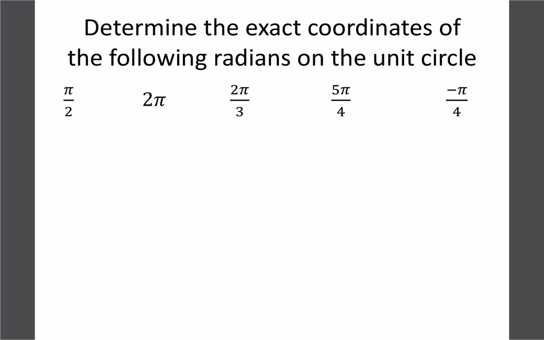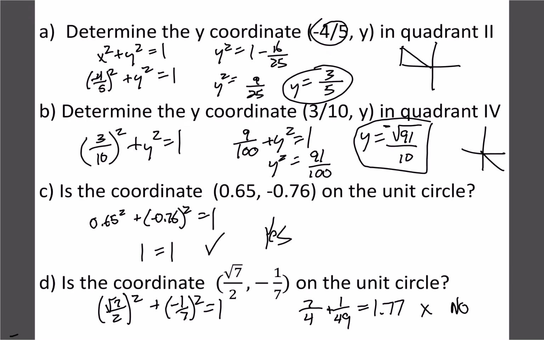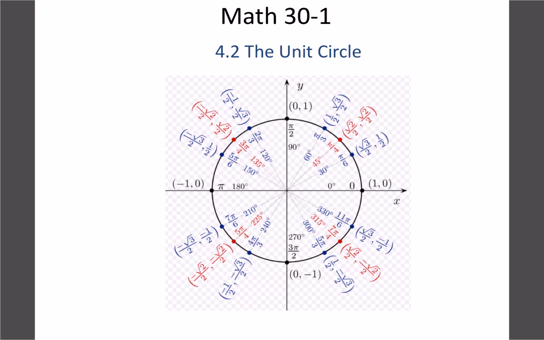So what happens now in terms of a unit circle is it just repeats. So actually let's go back to the title page so you can see some of the patterns on here. So you can see that when we have 30 degrees or pi by 6, we get root 3 over 2 and 1/2. If we went over to quadrant 2, 30 degrees up, which would be 150, we get the exact same coordinates except the x is negative because we're going backwards.